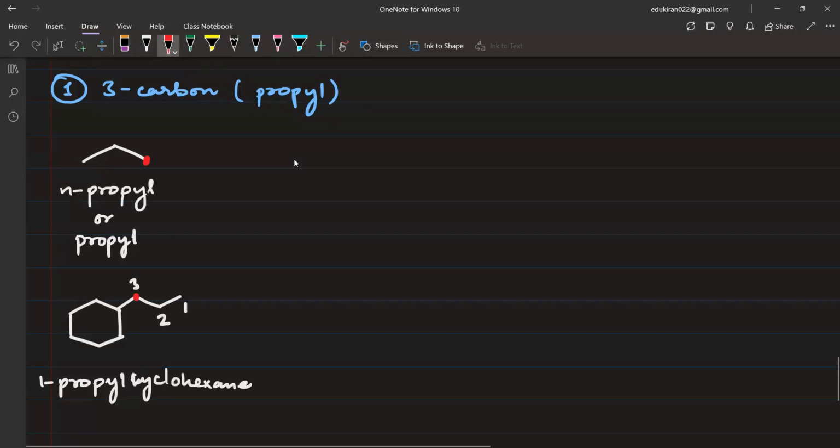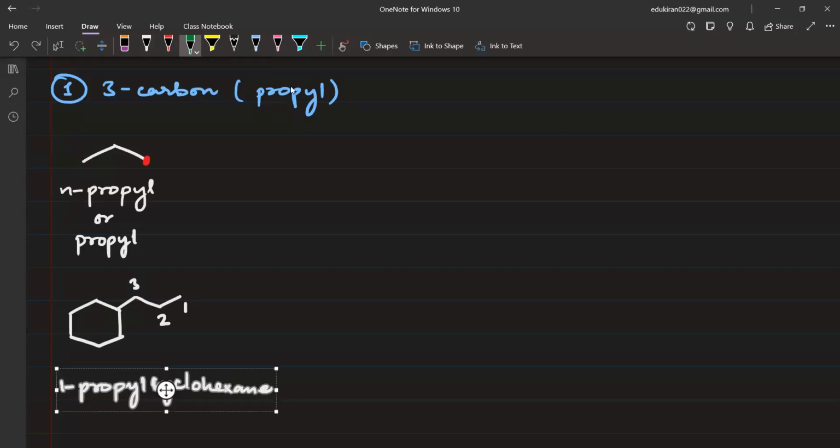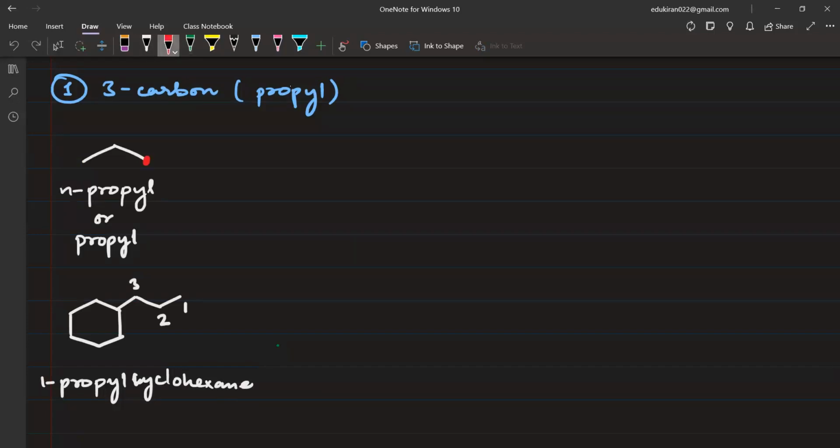Now, in a propyl we have 2 types of carbon. One is these red carbon atoms, they have similar property, and then you have the middle one, that is the green carbon atom, which is having a different CH2, right? So point of attachment to N-propyl, and another case can be this carbon atom. If the parent carbon chain is attached to this particular carbon atom, then we call it isopropyl.